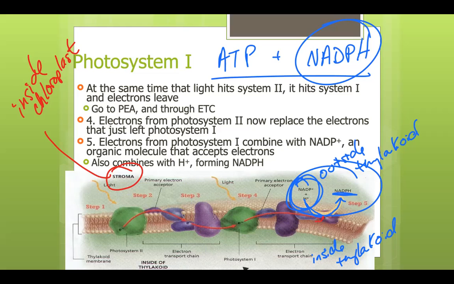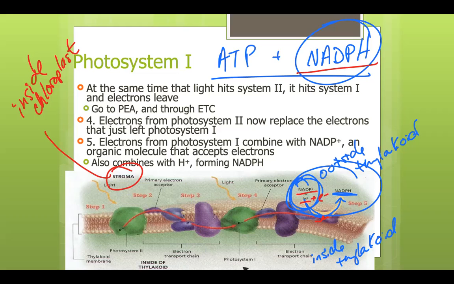So once it gets here, the electron combines with NAD plus and a hydrogen. And again, what I mentioned yesterday, you might be thinking, well, where did NAD plus and hydrogen come from? They came from the second half of photosynthesis, which we haven't learned yet, which is why I said we learn the first half and then the second half, and then we're able to see where these things go.